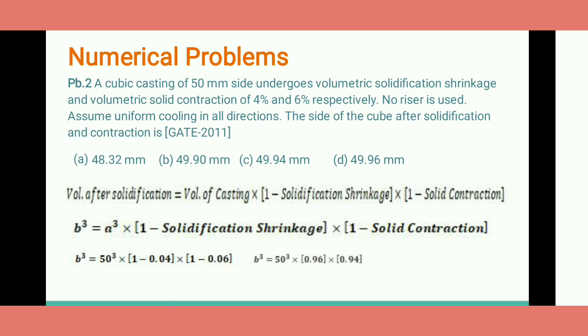So we get 50 cubed into 0.96 into 0.94, and when you calculate it, you will get the value of B, that is the side after the solidification or contraction. So this will be equal to 48.3173 mm.